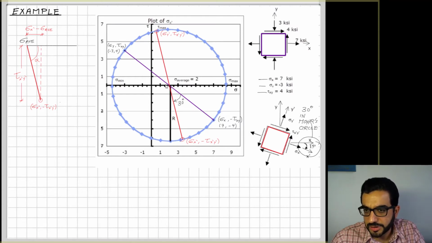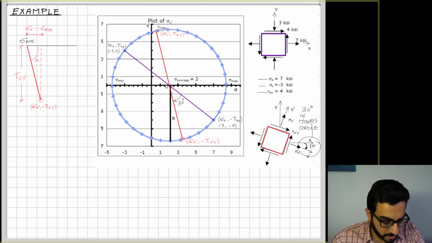I will refer to the angle between this radius and the horizontal axis as alpha. The bottom point refers to sigma x prime, negative tau x prime y prime. The horizontal distance of that triangle is the difference between the coordinate of sigma x prime and the coordinate of sigma average.